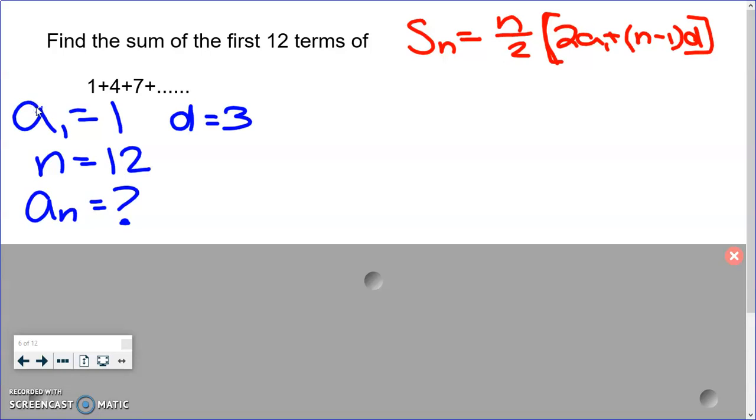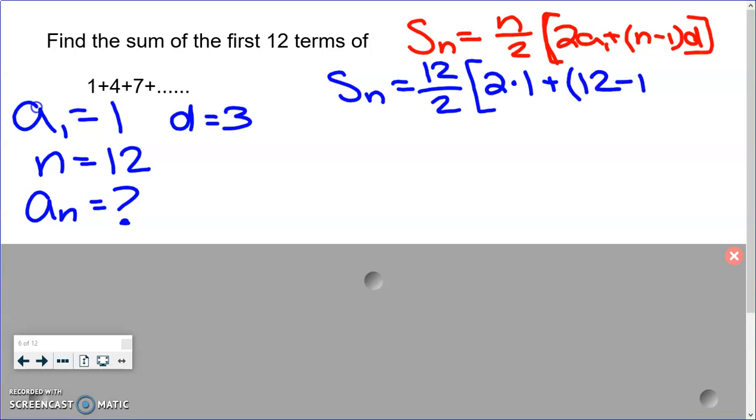We need the sum, we don't know that. The number of terms we have, that's 12. 2 times the first number, so 2 times 1, plus, again the number of terms, 12, minus 1 times the difference, which is 3. From here we can simplify and solve.